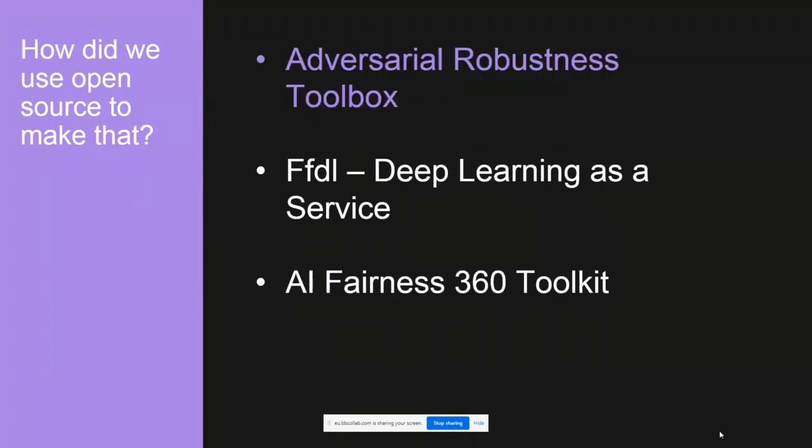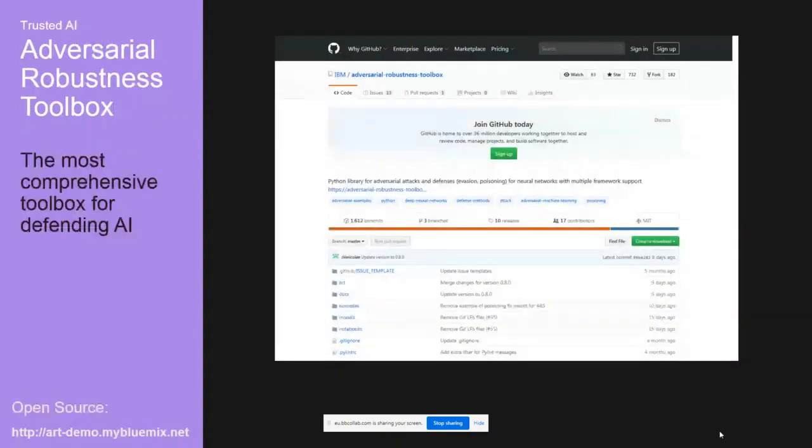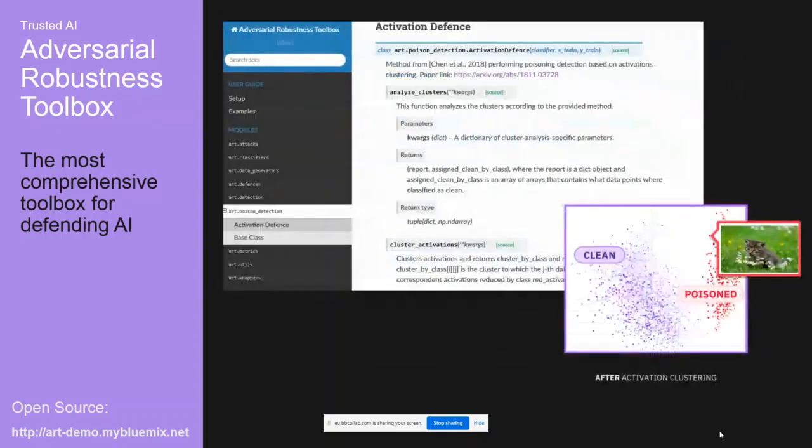So some that I want to go over in particular is the Adversarial Robustness Toolbox you may not be familiar with. There's a link to being able to try it, and it's a comprehensive toolbox for defending your AI systems. It includes things not only like attacks, so you can generate, for example, adversarial images, but also defenses for defending your AI system against these attacks.